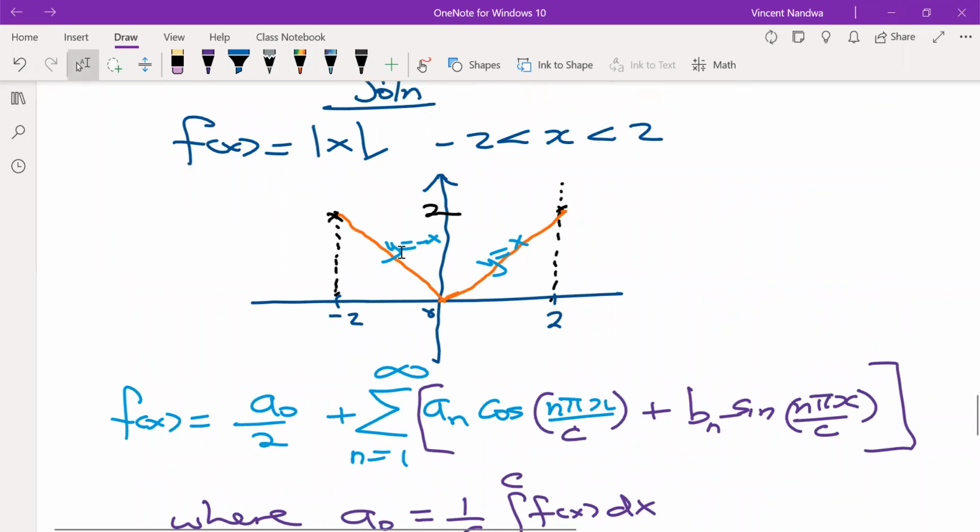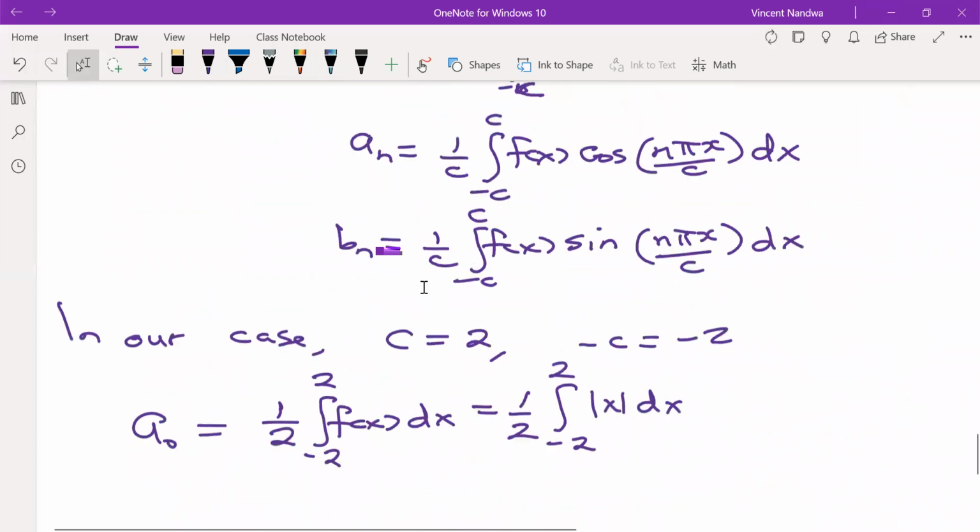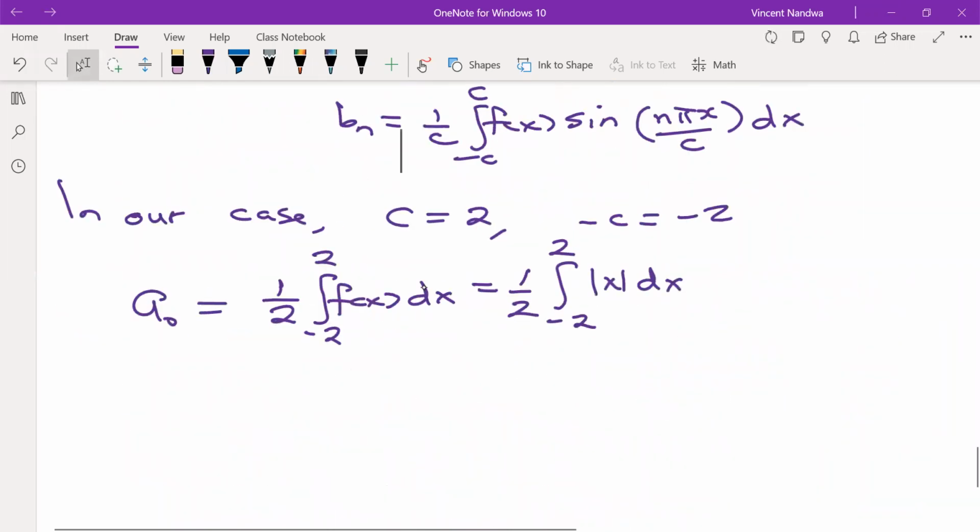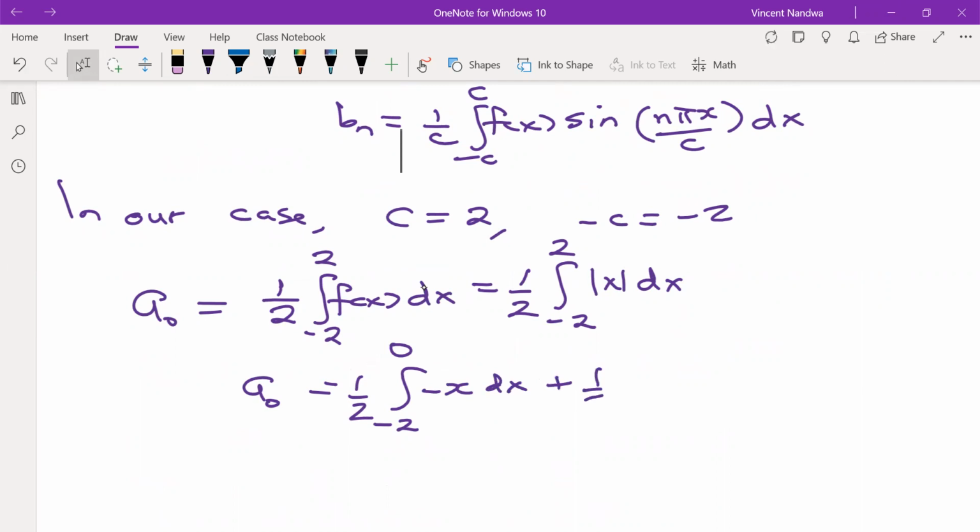One part is minus x if you move from minus 2 to 0, and then x if you move from 0 to 2. So a naught is a half integral from -2 to 0 of minus x, plus a half integral from 0 to 2 of x.